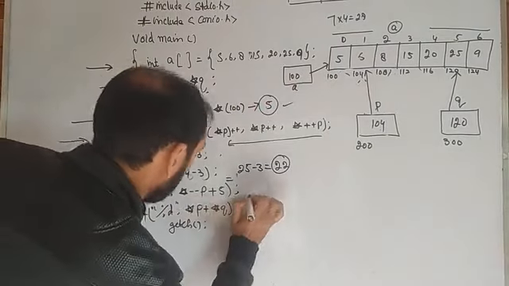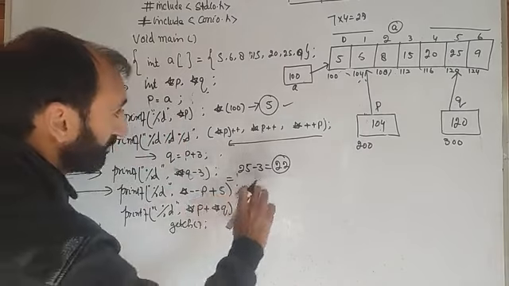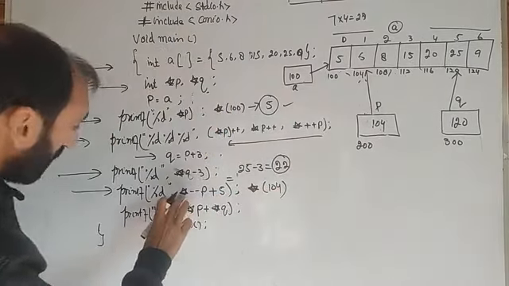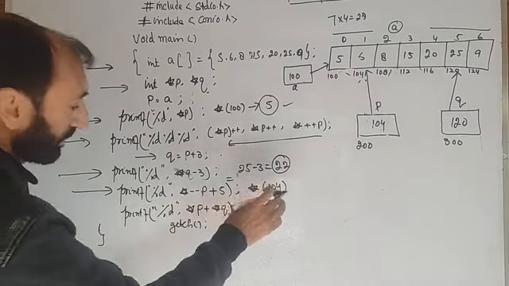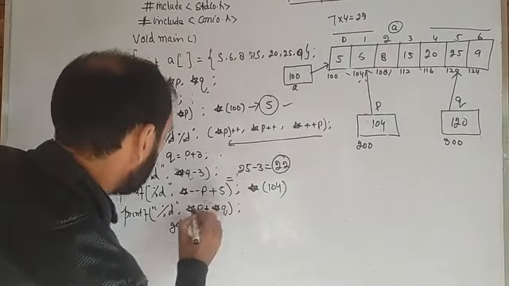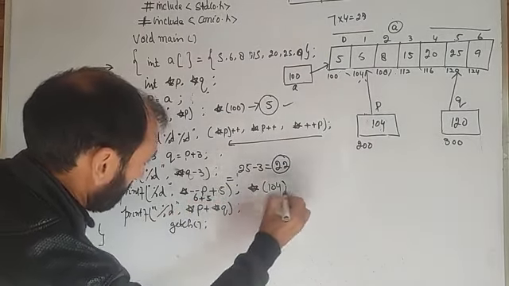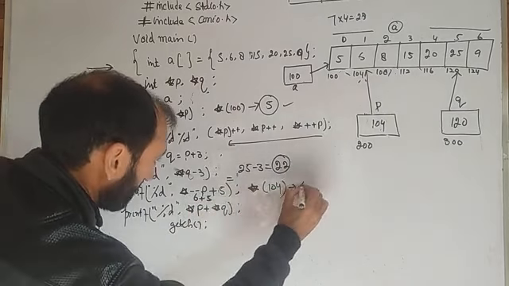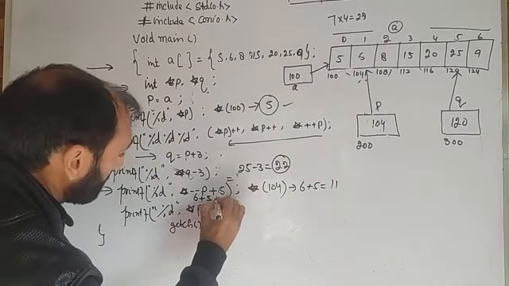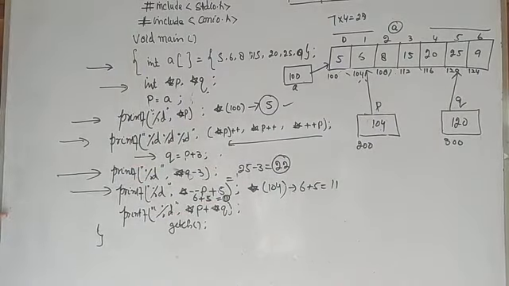Then the star will return the value at 104. That is 6. That means 6 plus 5 equals 11. This instruction will return 11.